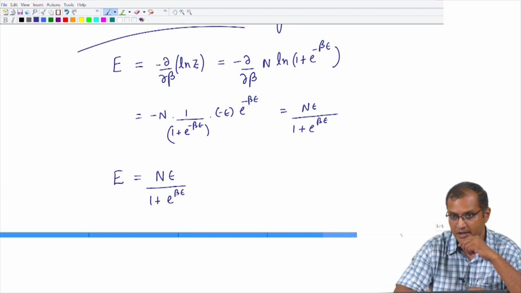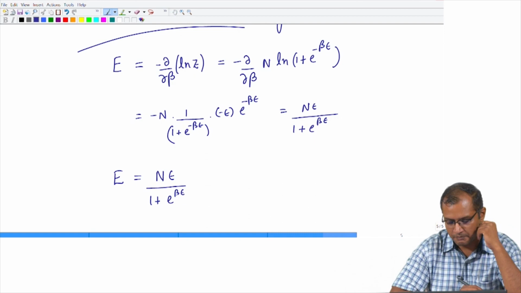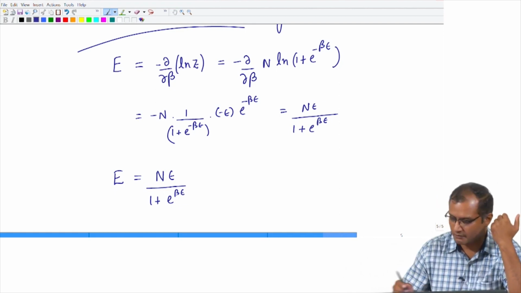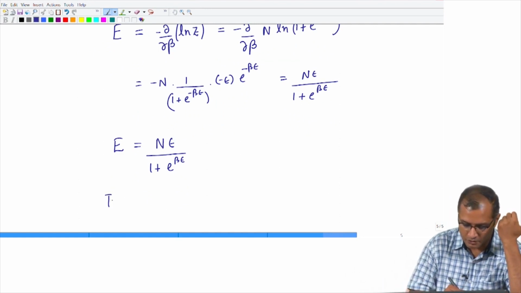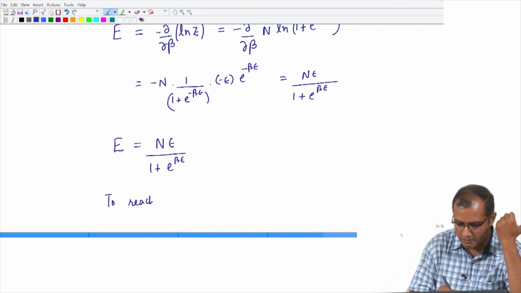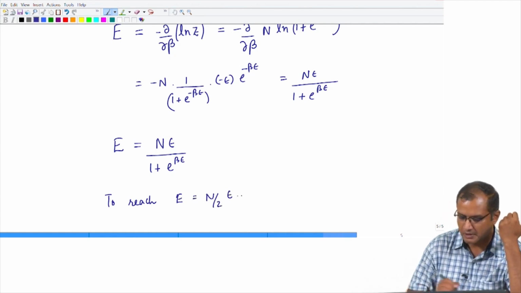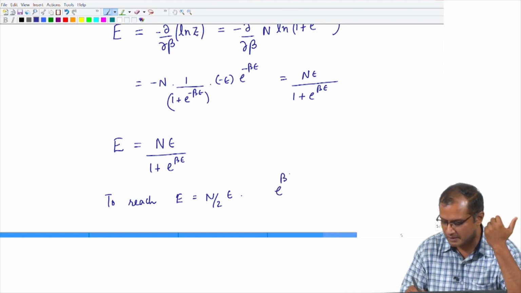As you can see here, to reach E equals n by 2 epsilon, you have to make e raised to beta epsilon equal to 1.